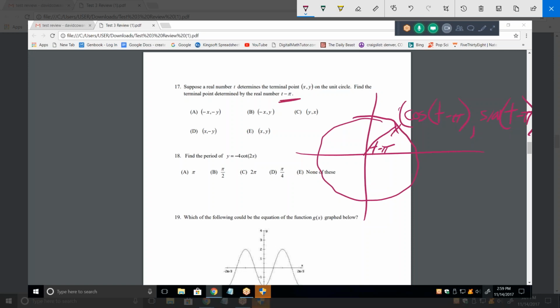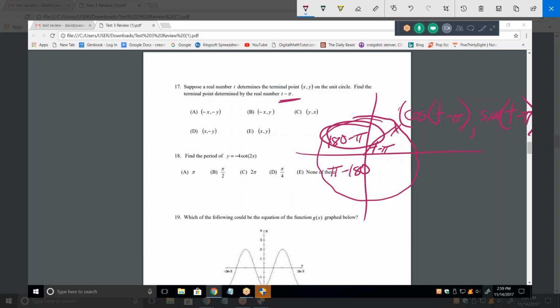That's a second quadrant angle. No, it's a third quadrant angle. The second quadrant, we have 180 minus pi. In the third quadrant, we have pi minus 180. And what we have here is t minus pi. So this is a second quadrant angle.